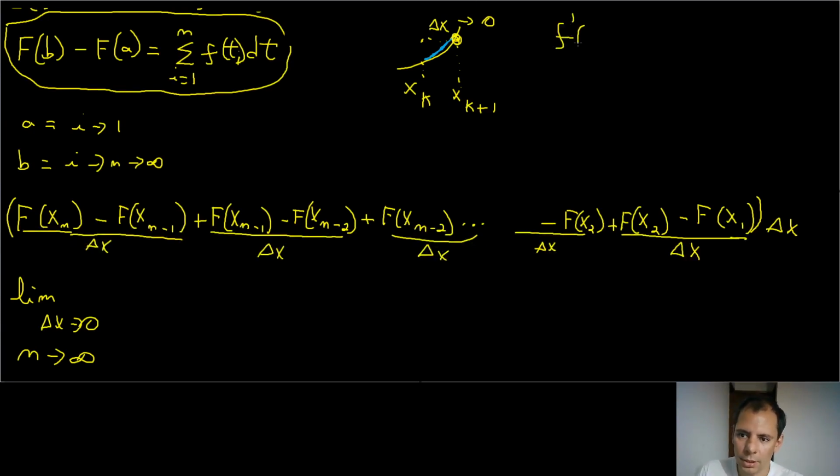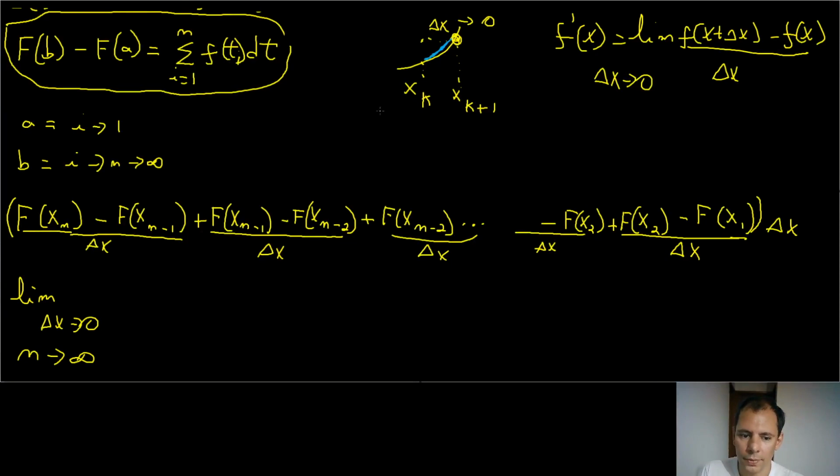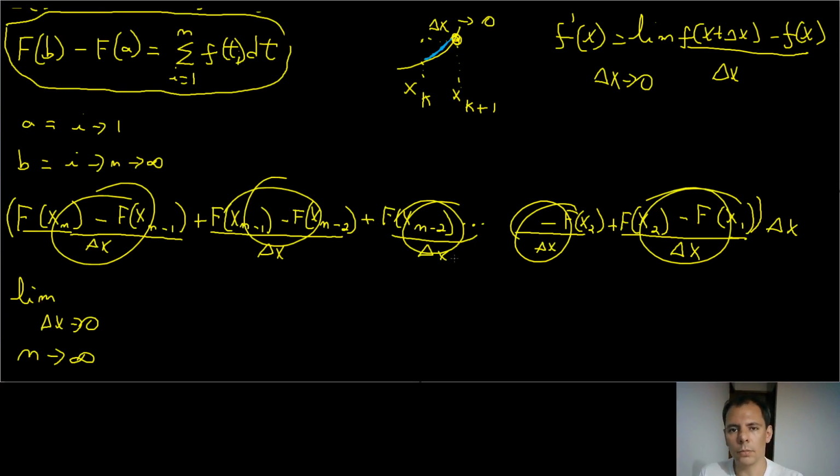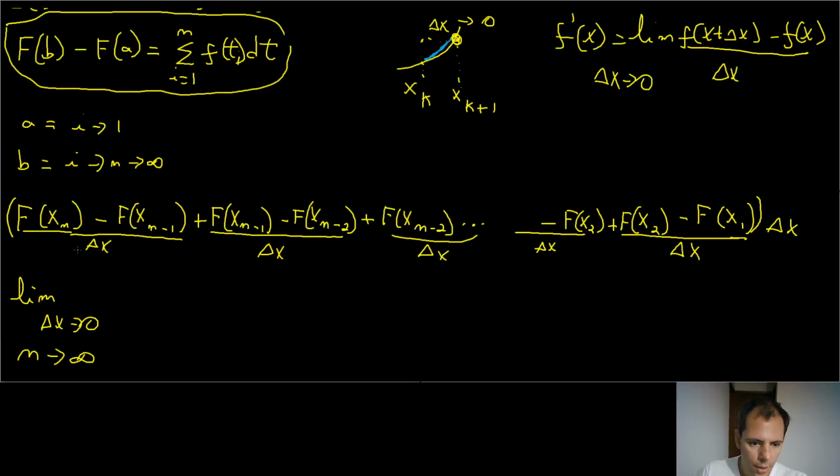The derivative of f of x is equal to the limit of f of x plus delta x minus f of x, divided by delta x, as delta x approaches 0. That's what we're doing in each one of these terms. So it's going to be the differentiation here, here, here, and here, and it's the sum of these differentiations. So you have a plus in here, a plus in here, a plus in here. See?